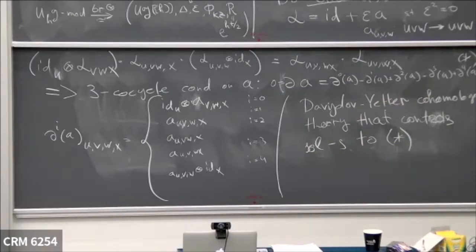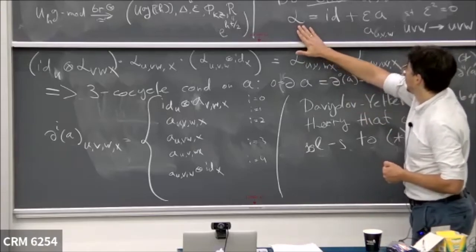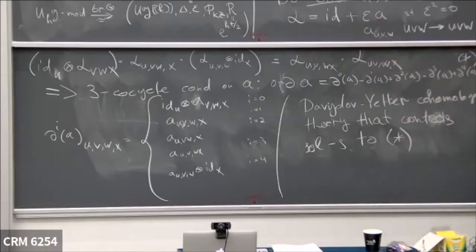It's similar to Hochschild theory. Recall that in Hochschild theory, we are interested in infinitesimal deformations of the multiplication, and the multiplication will also deform first in this form: the new multiplication is identity plus some new bilinear map, and the associativity constraint on the multiplication gives you a cocycle condition for the infinitesimal part. And in Hochschild theory, you are interested in deformations of the algebra up to isomorphisms, right?